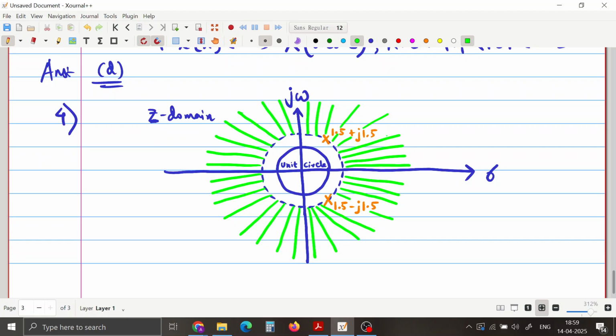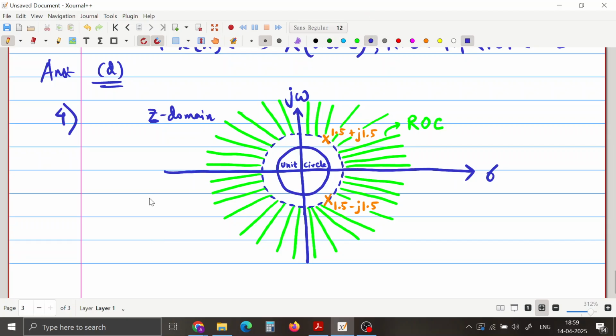So this green region is my ROC, the region of convergence. Given this ROC, I have to decide if my system is causal, and if my system is stable or not.